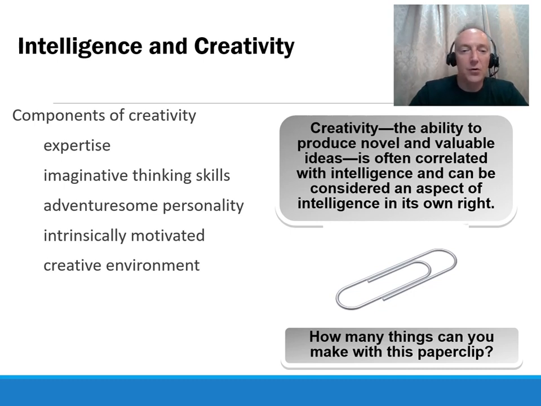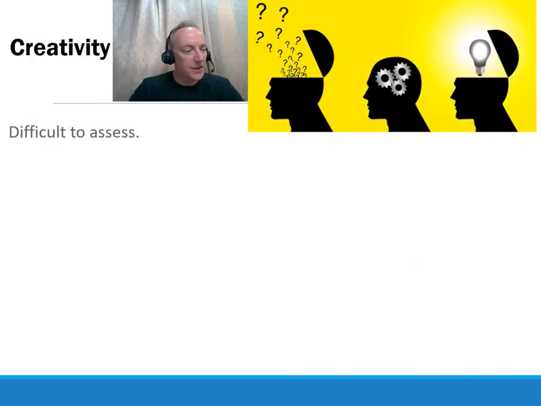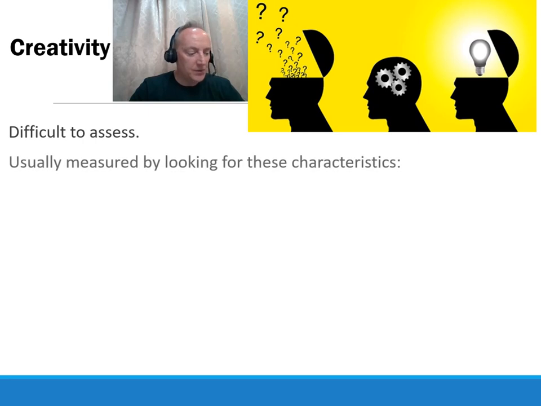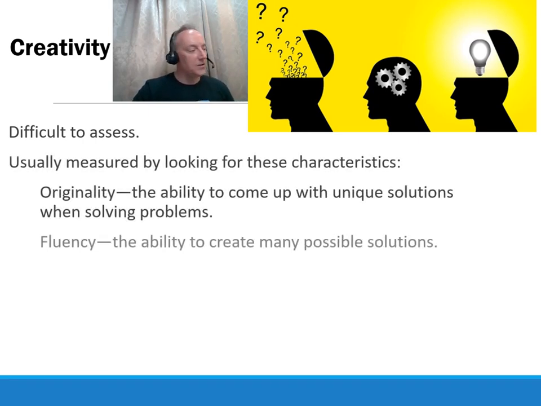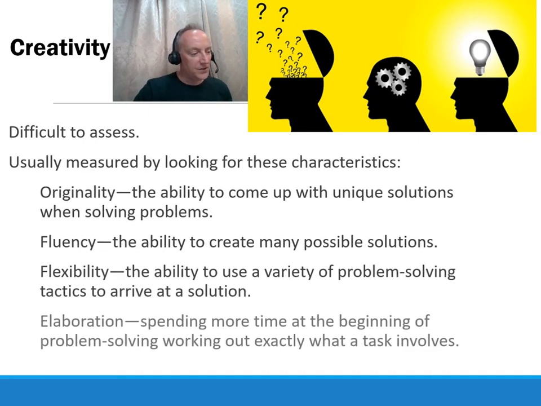Creativity has been found with other things like intrinsic motivation, being imaginative, being adventuresome. It's a hard thing sometimes to assess, but somebody who is creative, to use that paperclip task, would show originality.